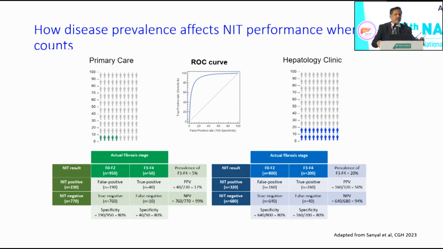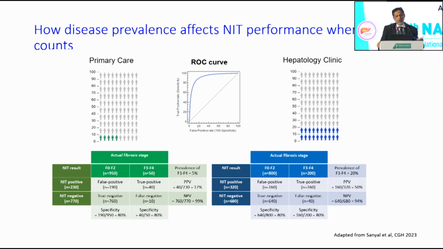So here is a critical element in how we think, and that is that disease prevalence affects the performance of the NIT where it counts. Let's imagine in the middle over here, you have a receiver operating curve. It's a beautiful looking curve. You have a NIT that performs beautifully. So from this curve, you have a certain sensitivity and a certain specificity.